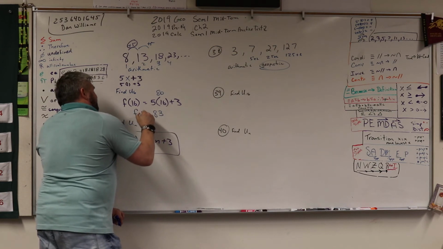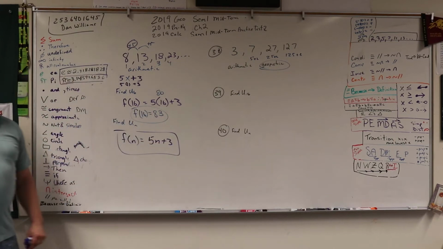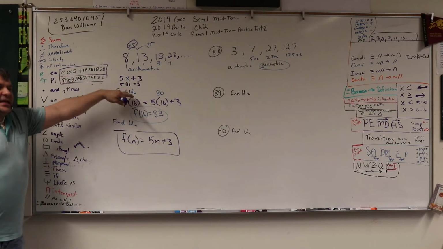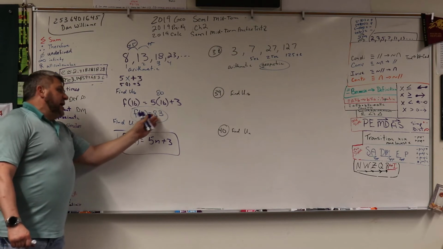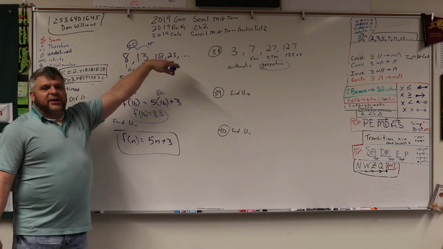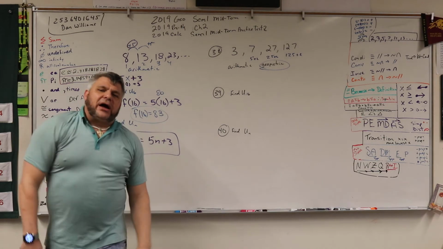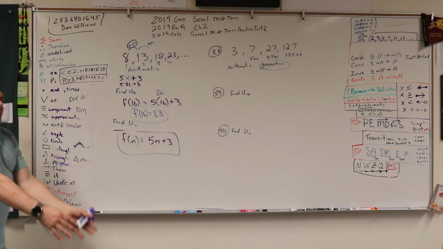So f of 16 is equal to 83. So the 16th term should be 83. Does that make sense? Right? If this was arithmetic. But they asked us to find this geometric. You go about it the same way.